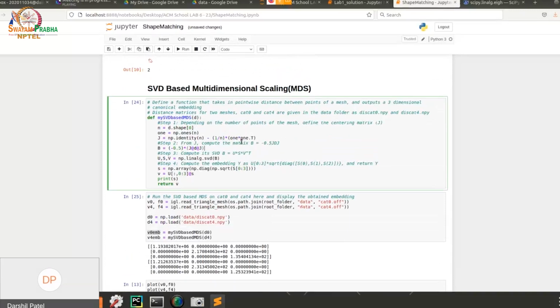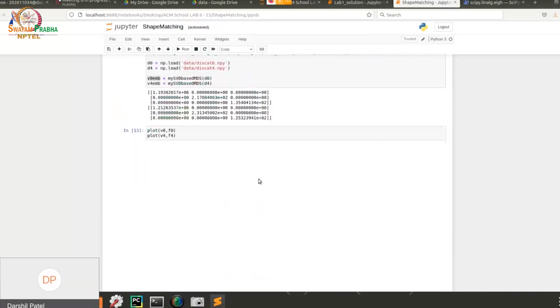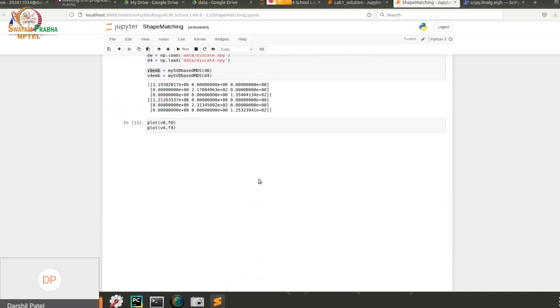I mean, there is np.matmul, there is np.dot, there is this @. What is the difference? I have no idea. I think the star operator does element-wise multiplication, whereas the @ is the matrix multiplication that we do.